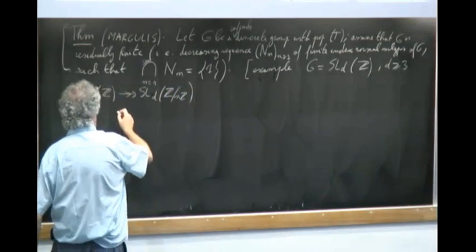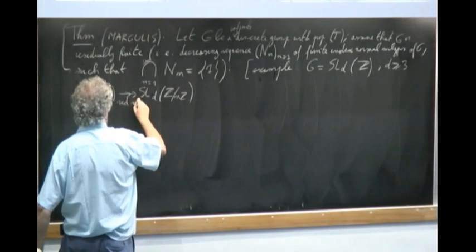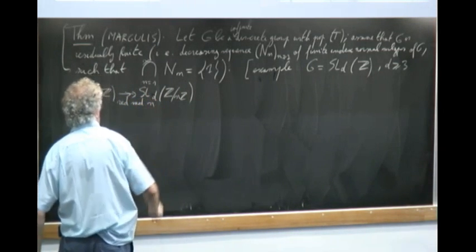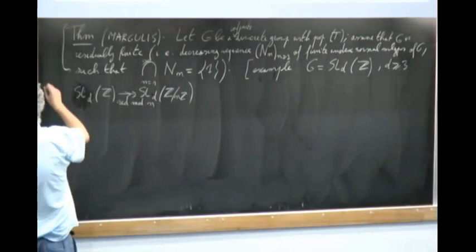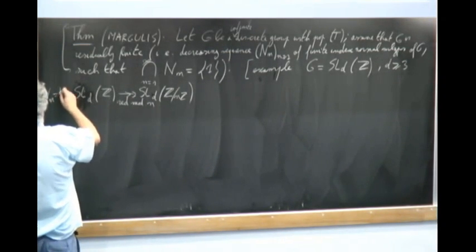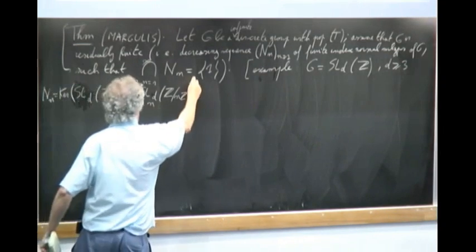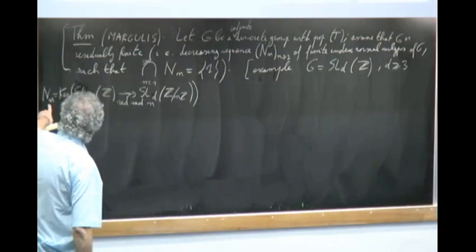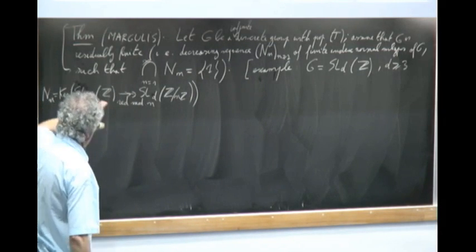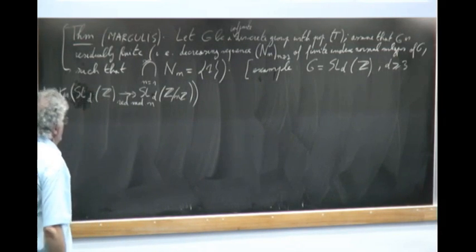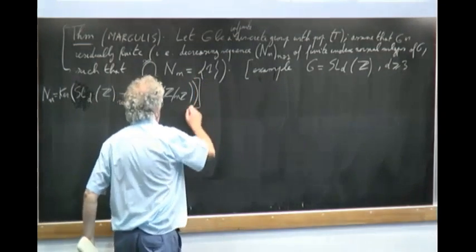So that's reduction modulo n. And the corresponding normal subgroup will be the kernel of this reduction. It's also called the congruence subgroup.